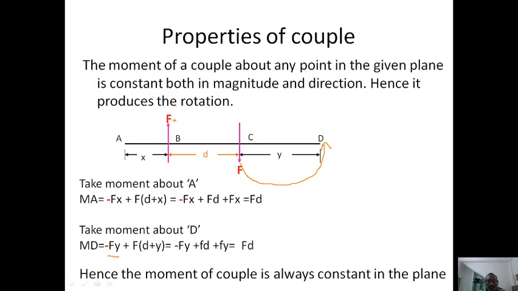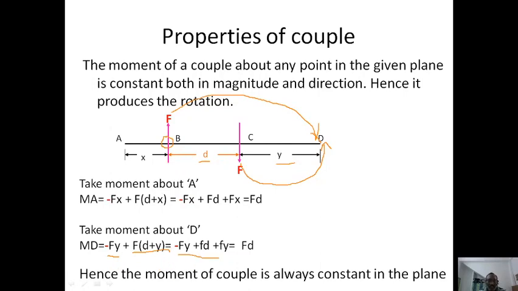And similarly, if I take the moment from B about D, it is F into d, which is clockwise direction. So hence it is positive, right? Therefore, F into (d plus y) because it is acting at point B. Therefore, the distance from B to D is small d plus small y.